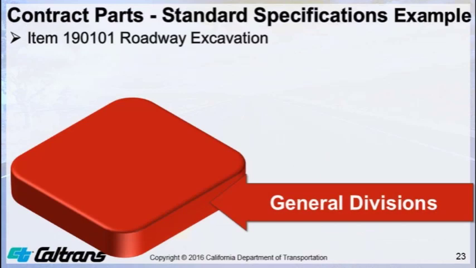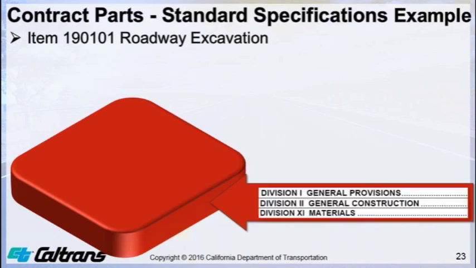The starting point for navigating contract specifications is based on the first 2 digits of the bid item. For bid item 190101, roadway excavation, 19 is our starting point. The specifications in the general divisions apply to all the bid items.